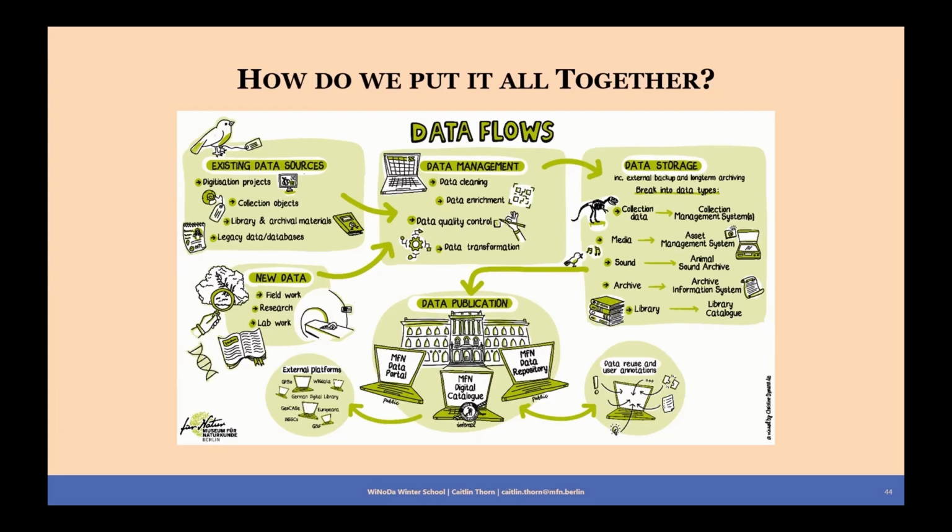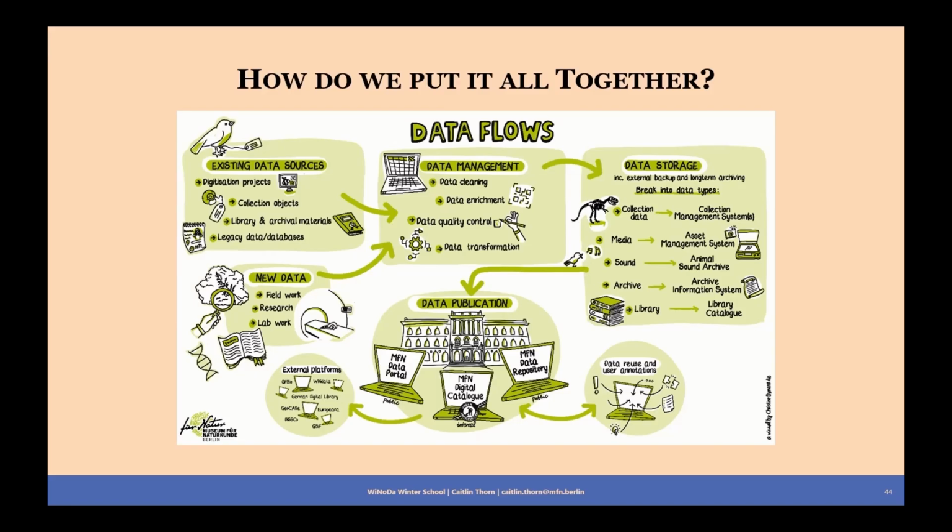It then moves to data storage, which we break down into data types. So we have repositories, for example, our sound data goes to the Animal Sound Archive. We have library data, and of course, we have collection data in Specify. We then publish our data internally in our digital catalog, which we're still developing.